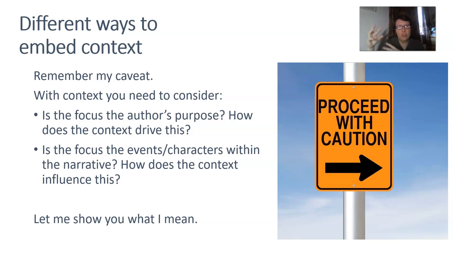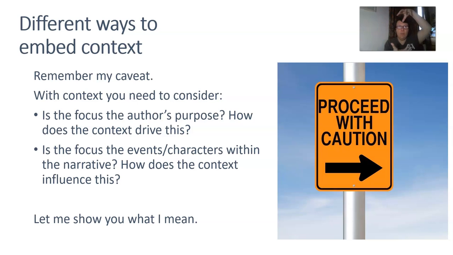On the other hand, obviously you're always going to be talking about the author's purpose, but actually if your focus is to dig into one of the texts, and it's really to dig into the events and the characters within one of the texts and to show what ideas those deal with, then you're also going to want to think about how the context influenced those things.